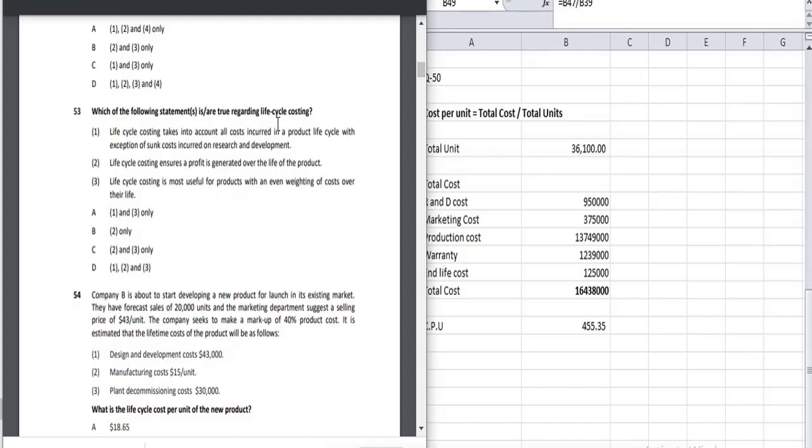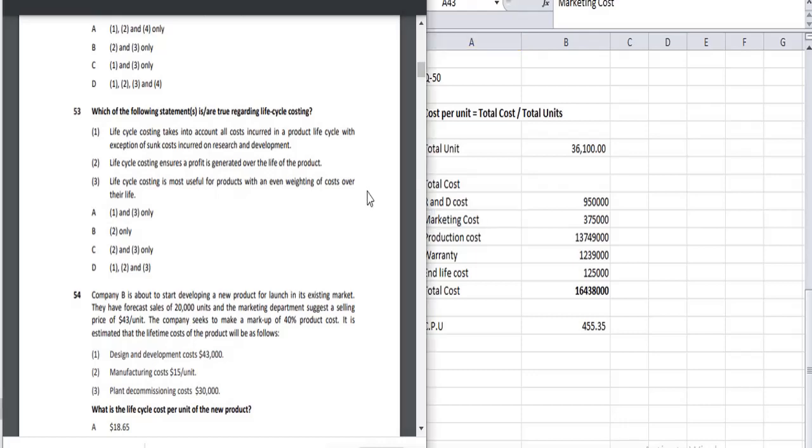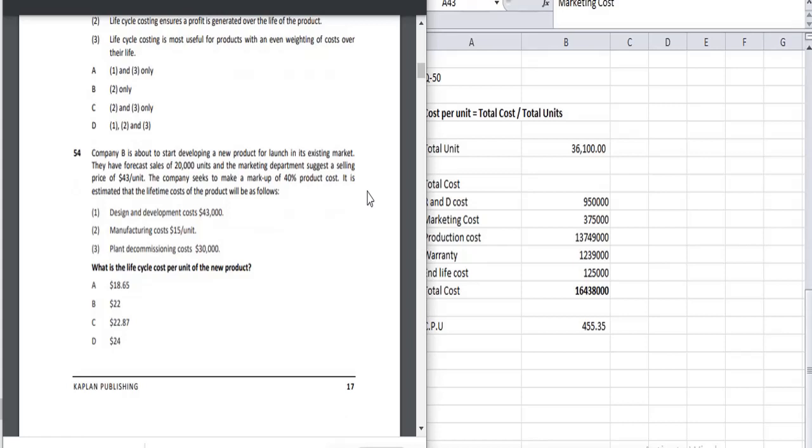Life cycle costing is most useful for products with even weighting of the cost over their life. तो ये even weighting नहीं होता। अब जैसे कि यहाँ पे example देख लो, research and development cost कब होता है, in the development phase, यहाँ पे ज़्यादा cost incurred हुआ है। Marketing cost कब होता है, जब हम लोग प्रोडक्ट को launch करने के बाद customer are unaware, then we have to make them aware after a lot of advertisement। तो जो phase में जो cost incurred हुआ वहीं पे show करते हैं, we don't show it evenly, ठीक है, ये false है, ठीक है.